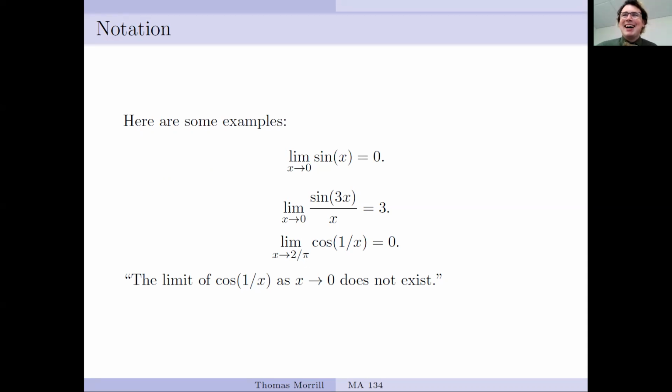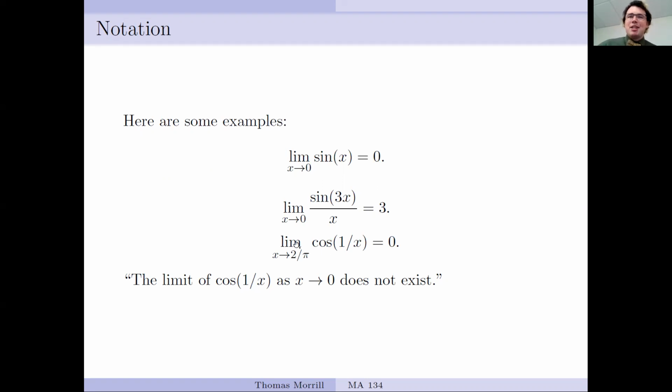So again, I haven't graphed this one out, but I would see that I'm getting closer and closer and closer to a y coordinate of 0, because as x approaches 2 divided by pi, well, 1 divided by x is going to get closer and closer and closer to pi divided by 2. And as we get closer and closer and closer to pi divided by 2, the cosine is going to get closer and closer and closer to 0.